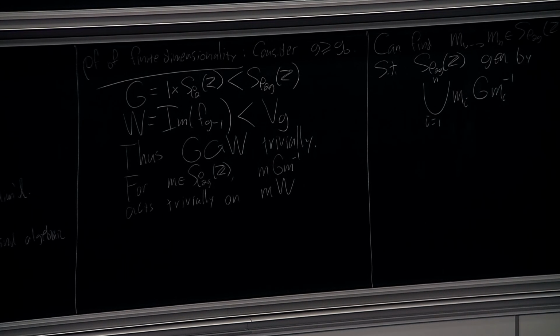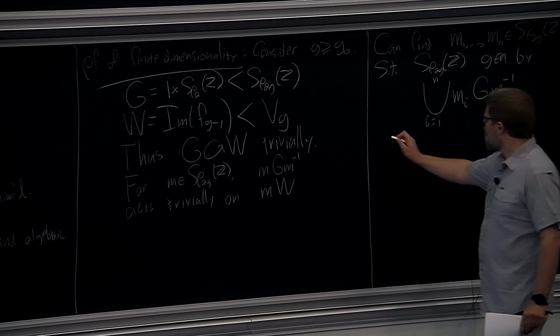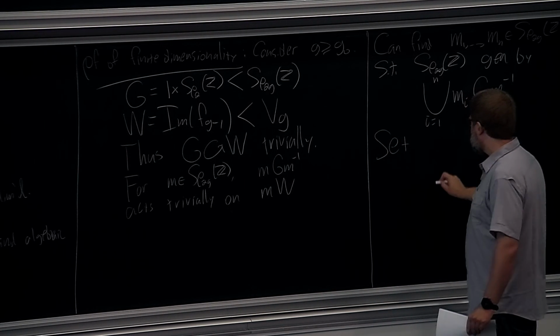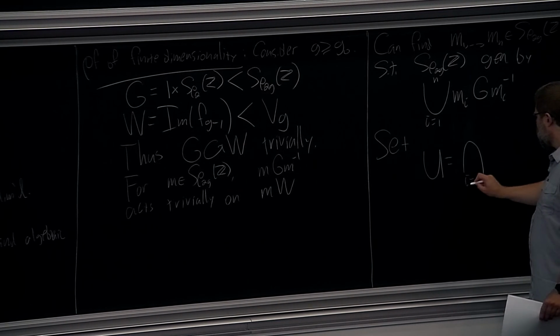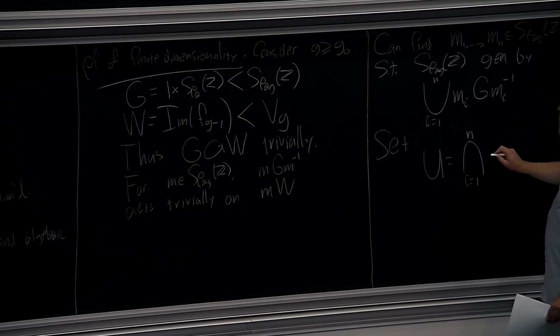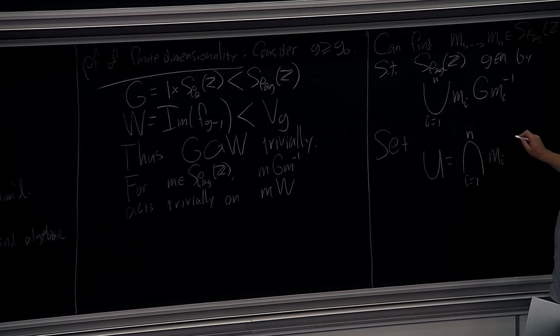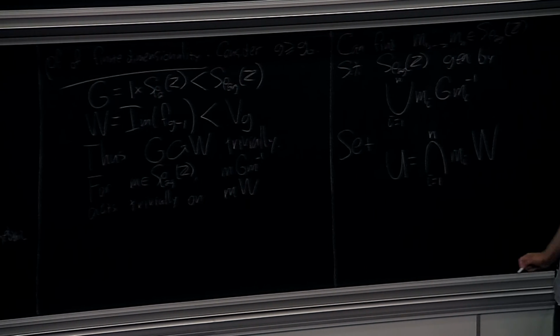So the symplectic group is generated by the conjugates of G, and it's finitely generated, so you just choose an appropriate finite set of conjugates, just quite large. It doesn't really matter how big it is, such that you're generated by the union of those conjugates. Okay? And now let's set U to be the intersection, as i goes from 1 to n, of M_i times W.